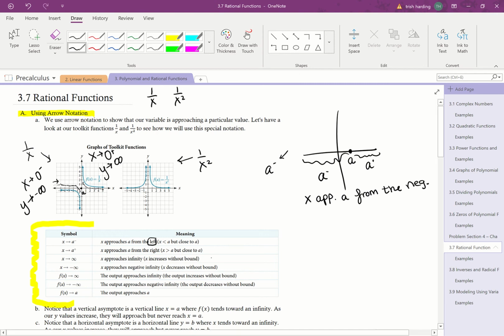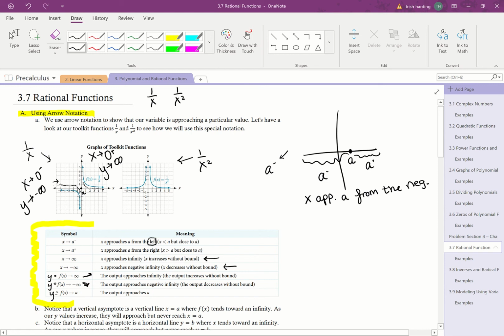So you all are familiar with x increasing without bound. As our x value shoots off really, really big to infinity, and as x decreases without bound, our x value shoots off towards negative infinity. Here, remember your f of x equals y. So this notation would indicate that your y values are shooting way up or your y values are shooting way down.